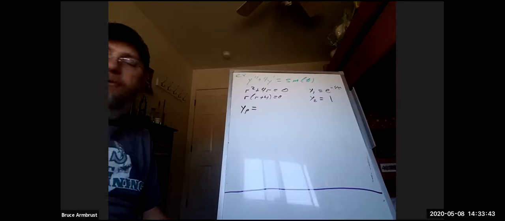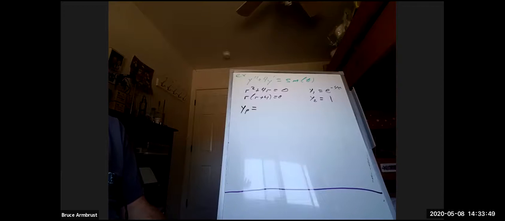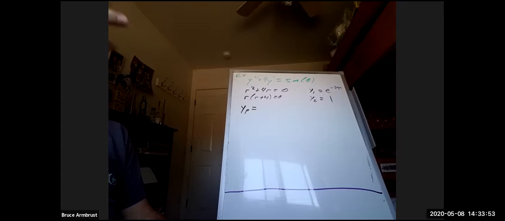A cosine or a sine function? JP just threw out one of the two, cosine or sine. That seems pretty reasonable, right? Because the derivatives of cosine and sine are, of course, sines and cosines. So it's definitely possible that when we differentiate, those will leave us with a sine.